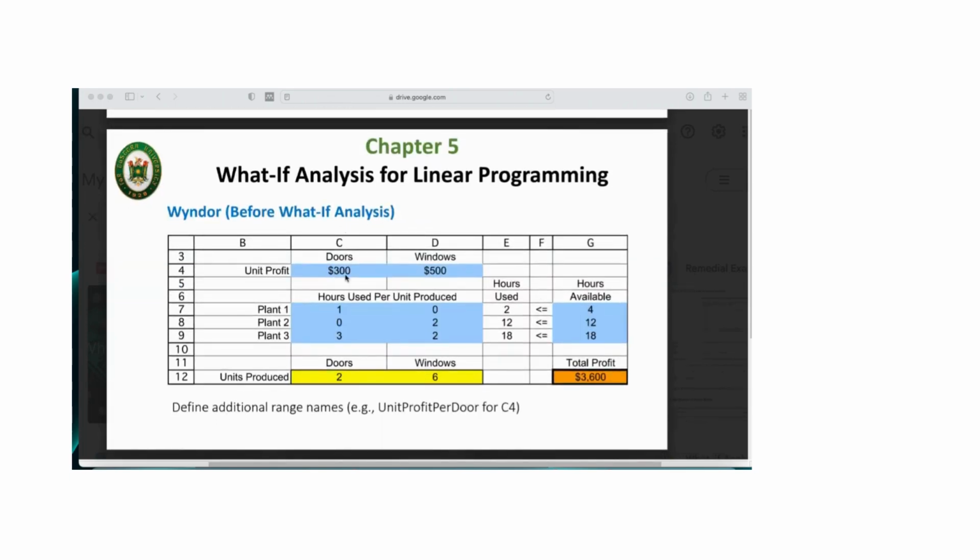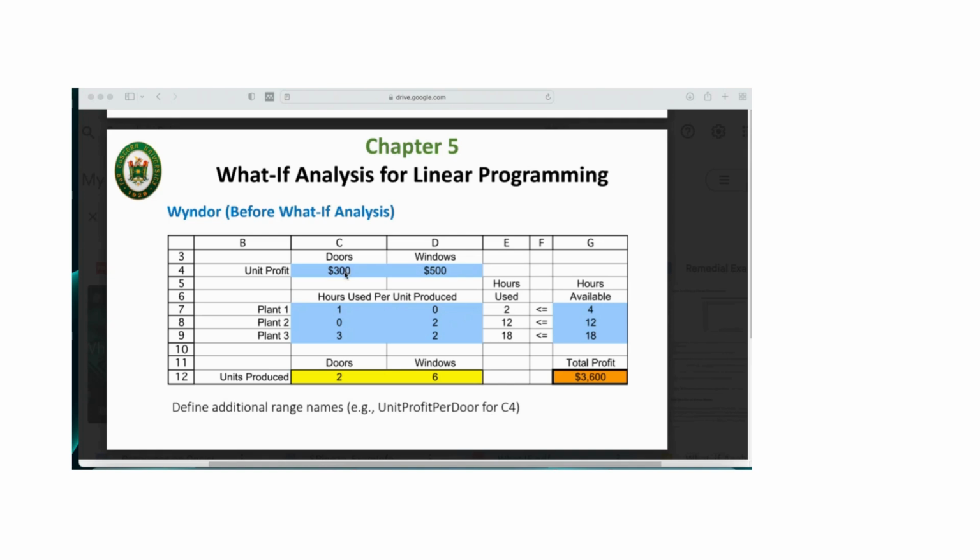Parameters 300 and 500. Let's just focus here in these coefficients. If we maintain $500 and we change $300, how do we change this 300? We can lower it or raise its value.